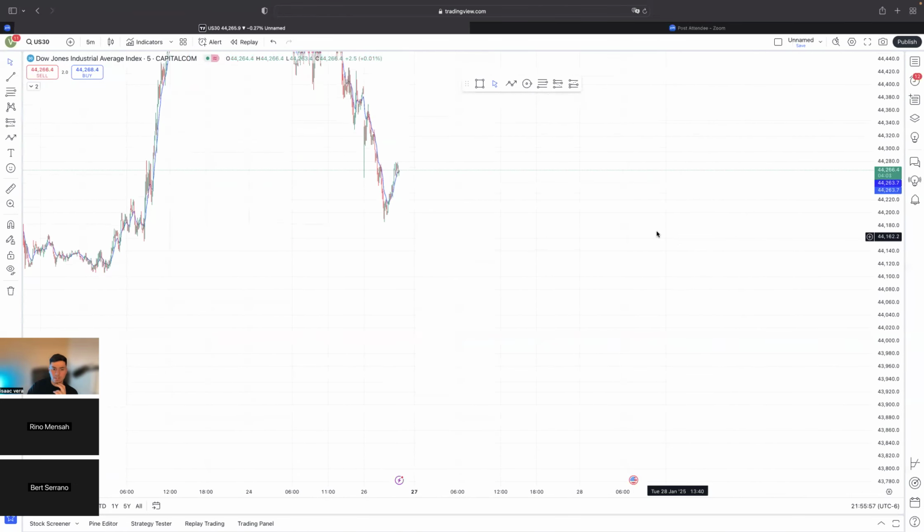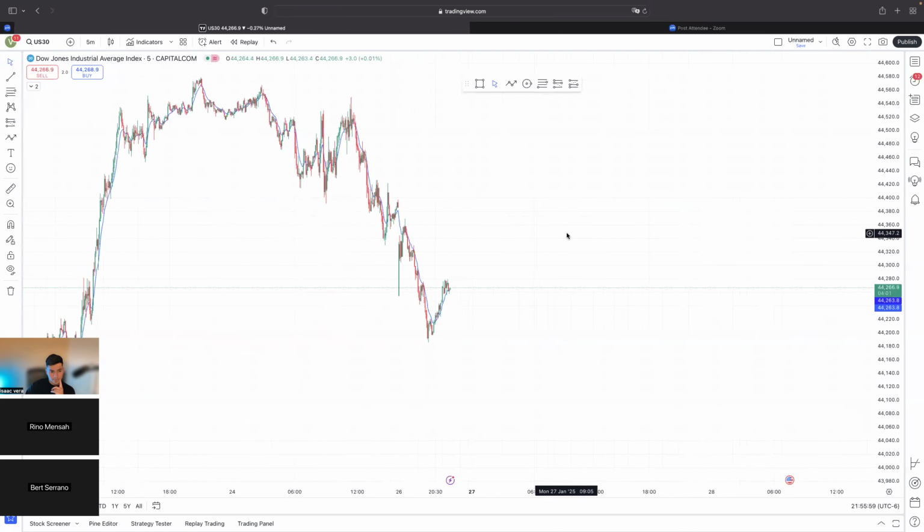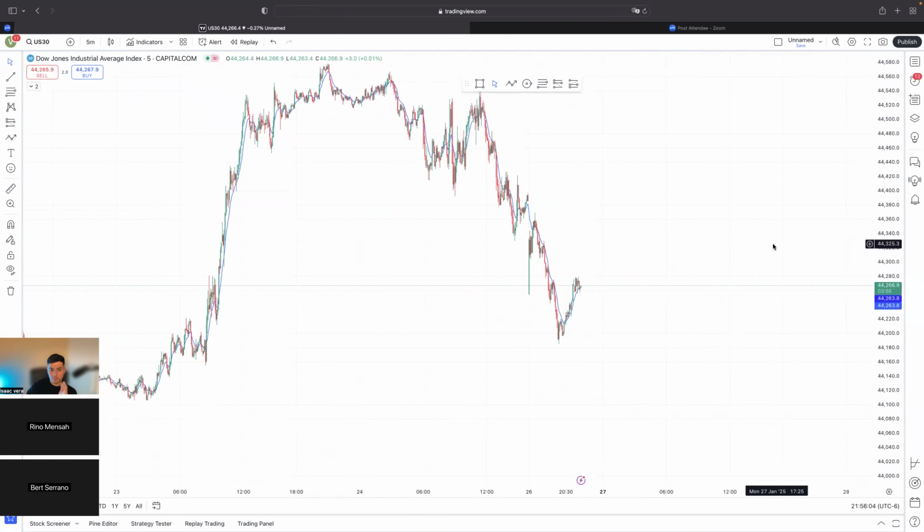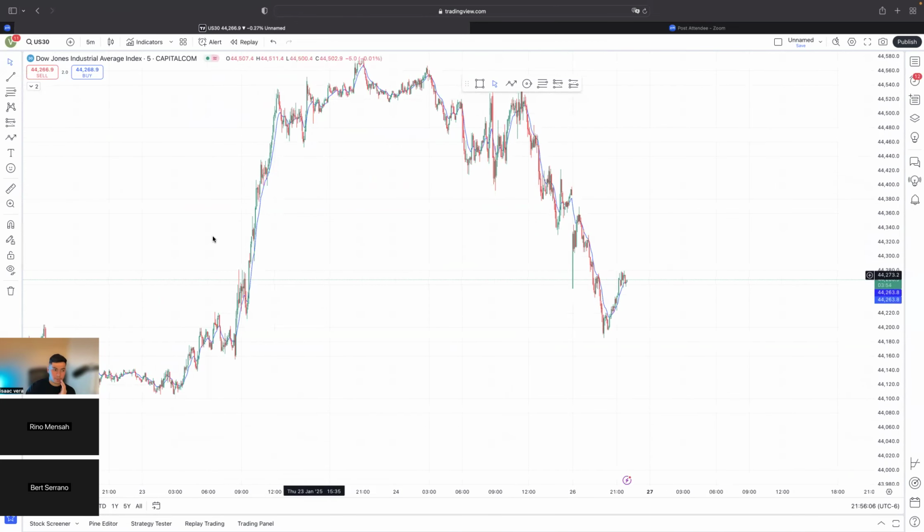and then I would mark down my support and resistance key zones.